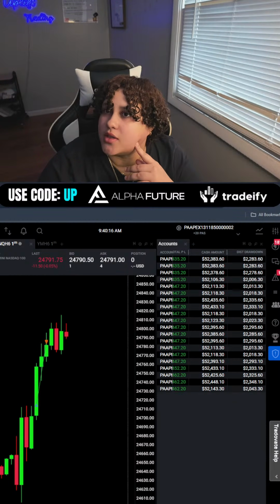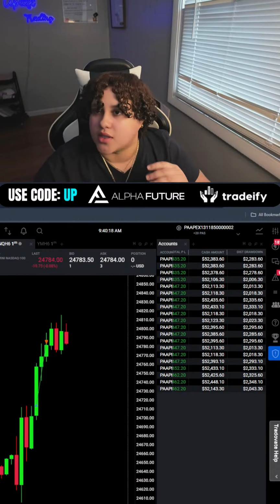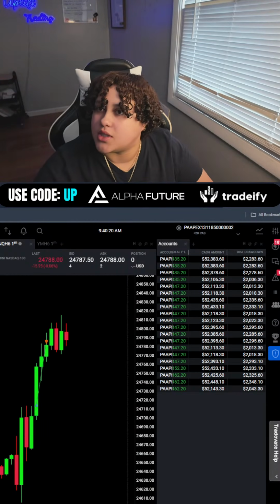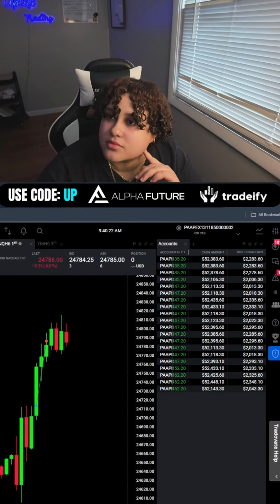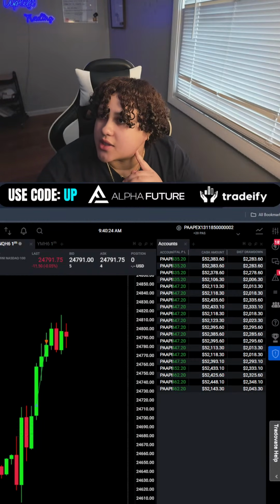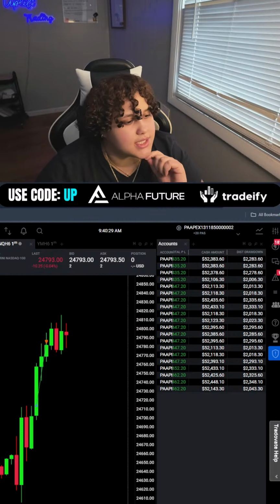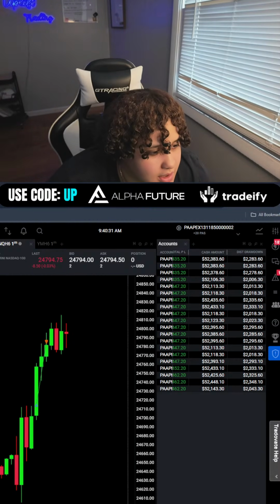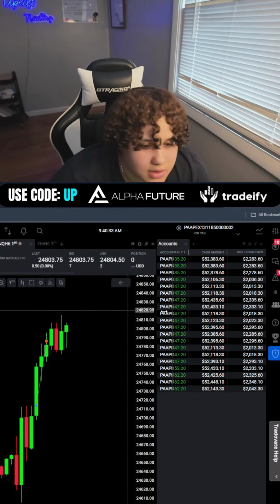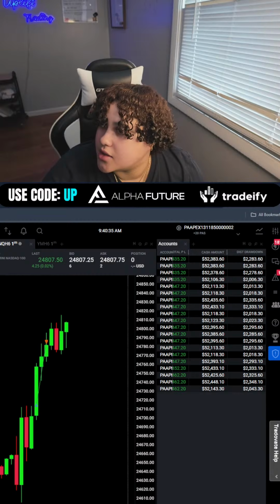I'm looking at the wrong thing here. Micro Nasdaq. There we go. Yeah, if it breaks this white line above 820, then I'm gonna take it. And I'm gonna take it with low risk.